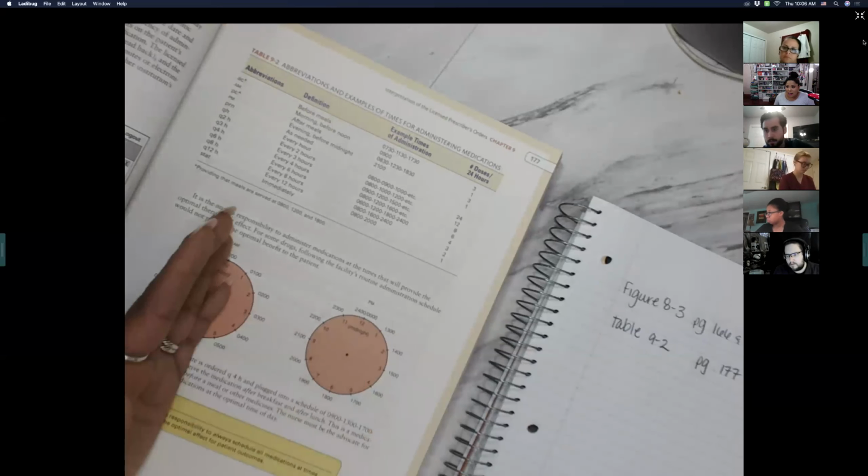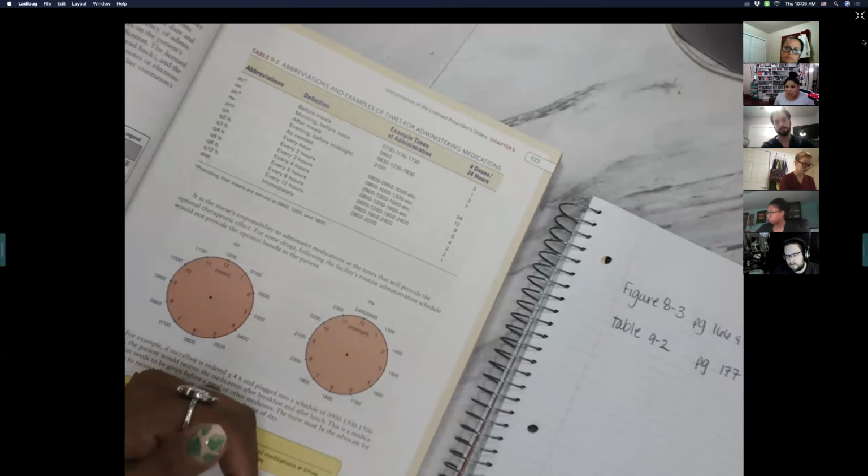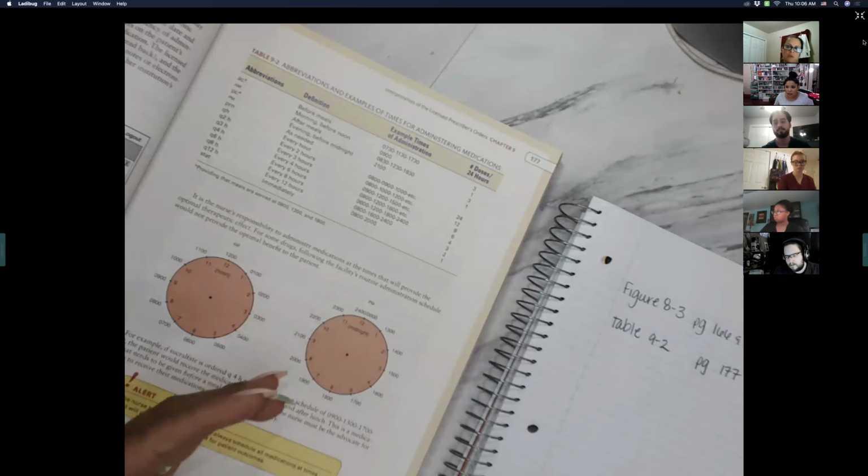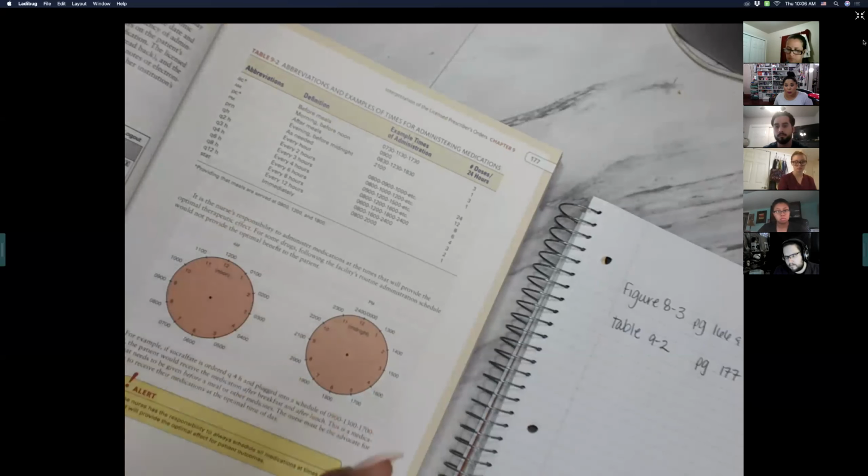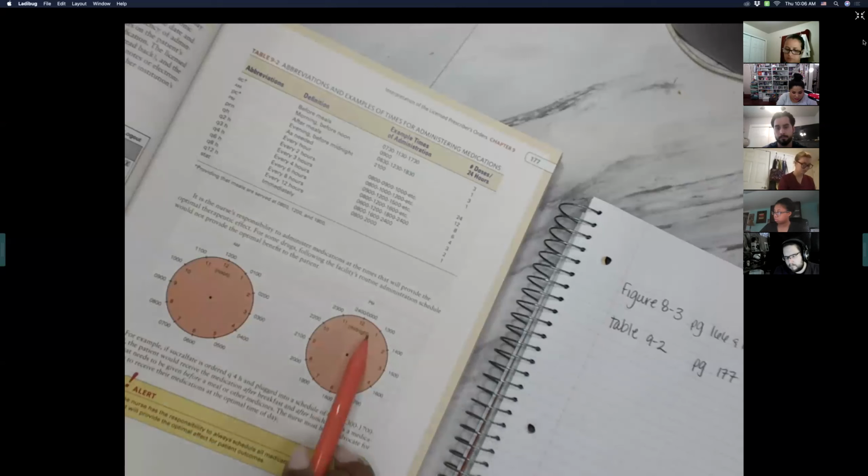From midnight to 12 p.m., that just follows the hour. 0, 1, 2, 3, 4, 5, 6, 7, 8, 9, 10, 11, 12. Once you go past 12, you keep adding: 13, 14, 15, 16, 17, 18, 19, 20, all the way to 24 hours, right? 24 hours in a day.